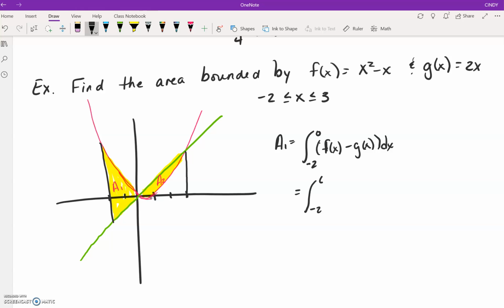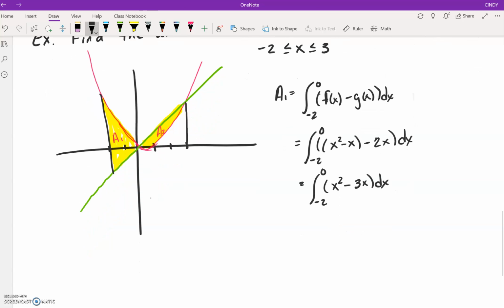The integral between -2 and 0 of x² minus x minus 2x dx, and simplify. So I have the integral between negative 2 and 0 of x squared minus 3x dx.